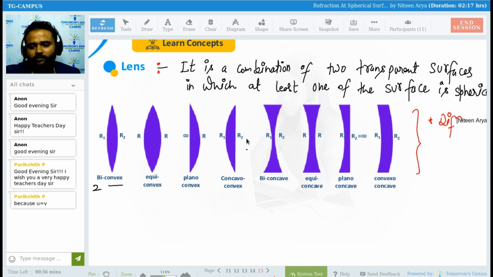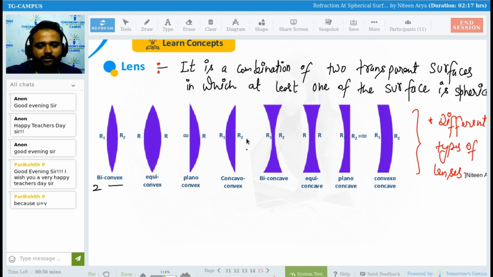Clear, everyone? These are basically different types of lenses.